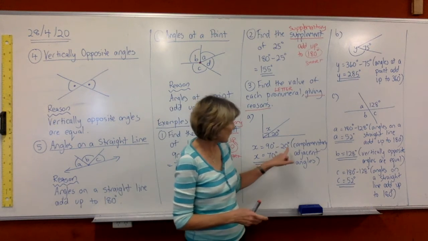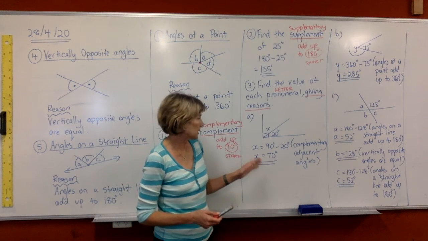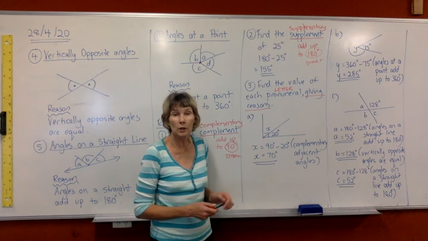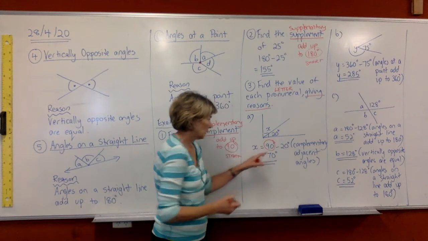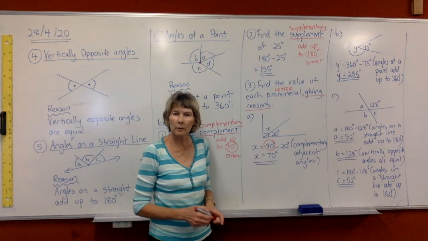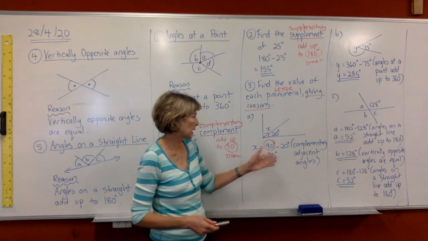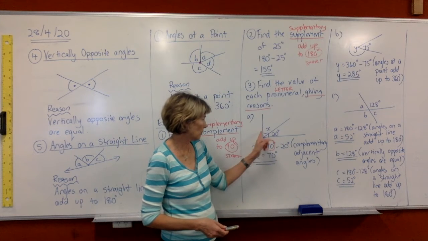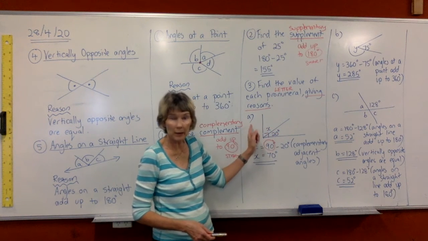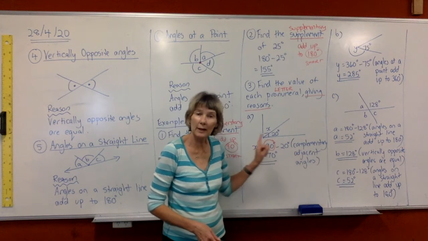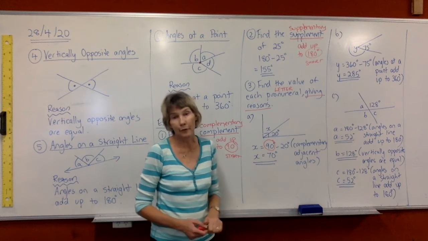Now the other thing is when you give your reason, you've got to write it in brackets next to the line where you started to use it. If you look at this one here, as a teacher, I'd be looking at it going, where'd you get the 90 from? And you'd say, well, I know that these are complementary and they're next to each other. So you've got to explain exactly when you bring in another number that they didn't give you, where it came from.